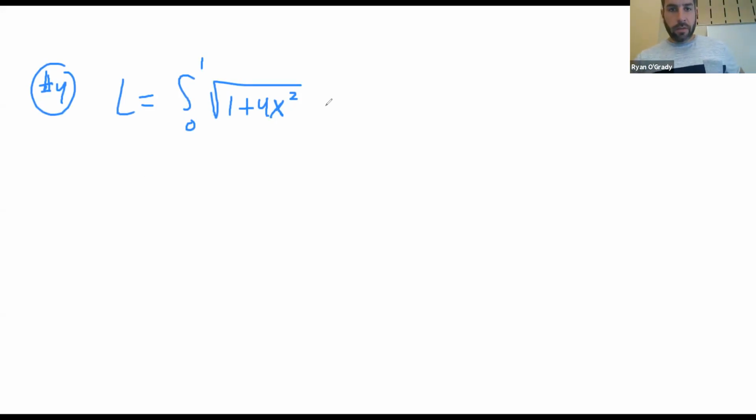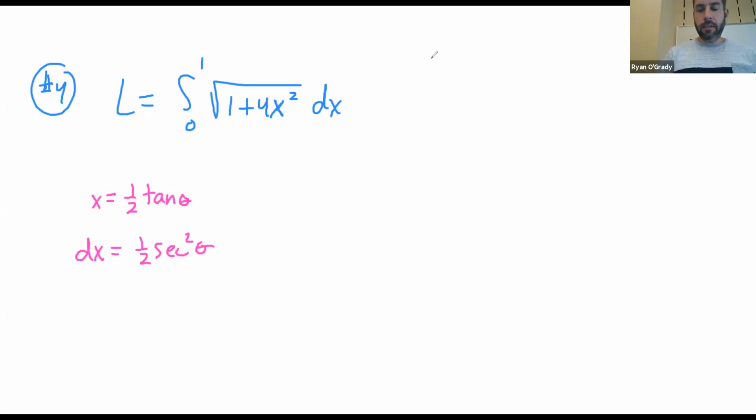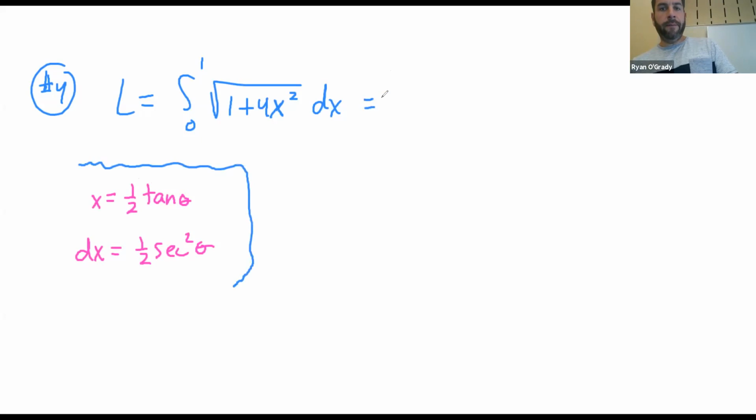It turns out that using our identities, the correct thing is to set x equal to 1/2 tangent of theta. And that means dx equals 1/2 secant squared theta. So that's the trig substitution that's going to get the job done here.